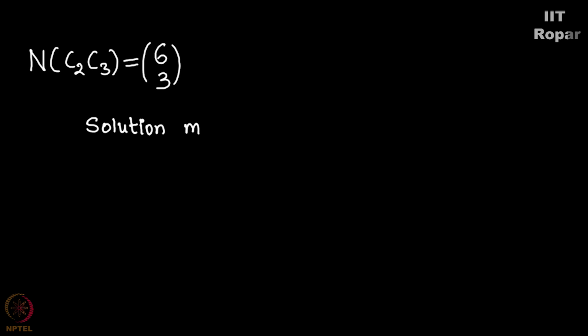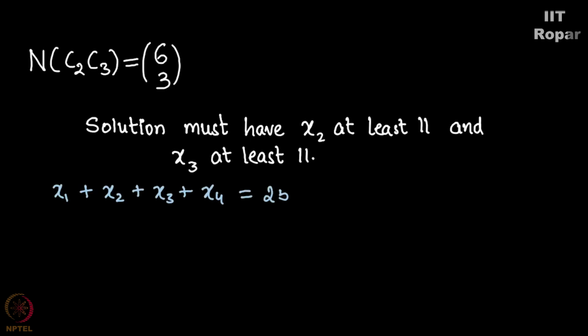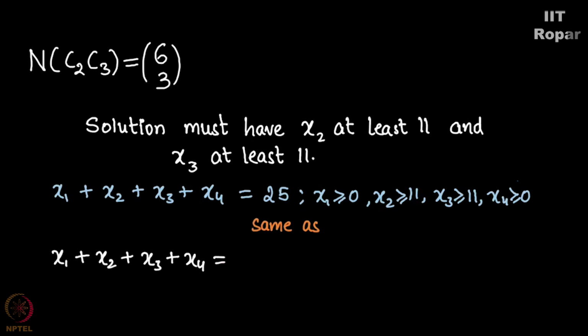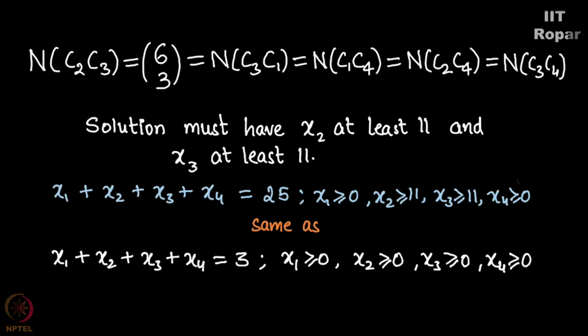Because x1 plus x2 plus x3 plus x4 equals 25 with x2 and x3 being at least 11 is the same as x1 plus x2 plus x3 plus x4 equals 3. Just like the previous one, it is the same equation and hence it is 6 choose 3 for all the 6 possibilities: n of c1 c2, n of c2 c3, c3 c1, c1 c4, c2 c4 and c3 c4. So all of these are 6 choose 3.